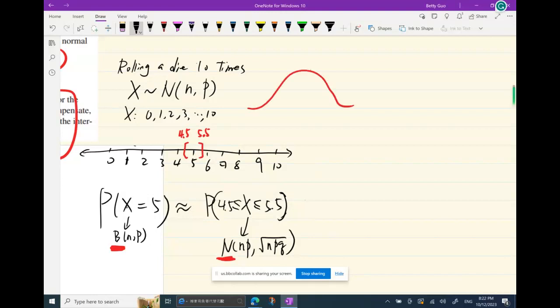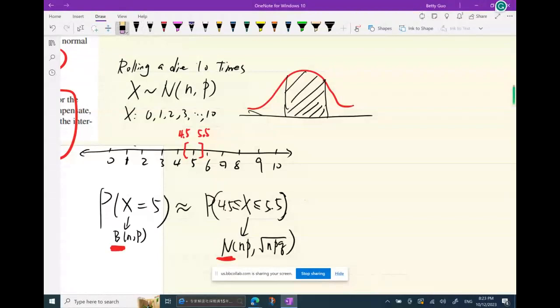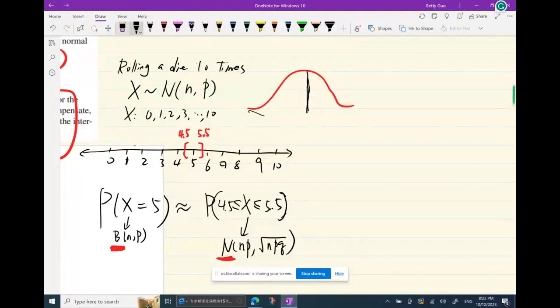Because in a two-dimensional space, if it's an interval from here to here, then the area is the probability. But what if you only have one single value? Then you simply have one line segment. And what's the area of one line segment? It's 0, because one line segment doesn't have an area.